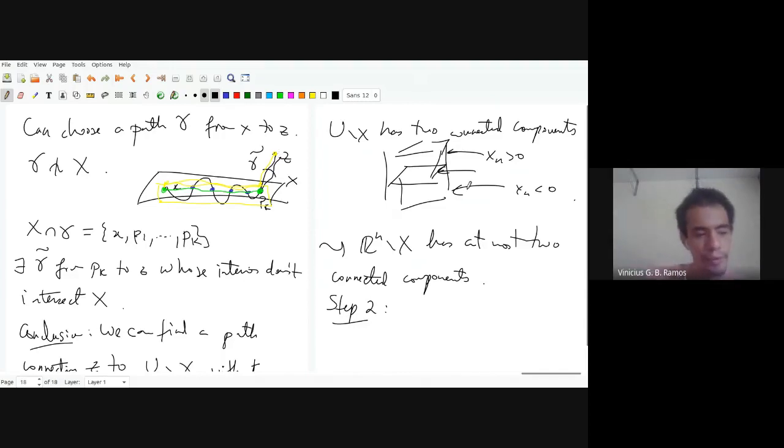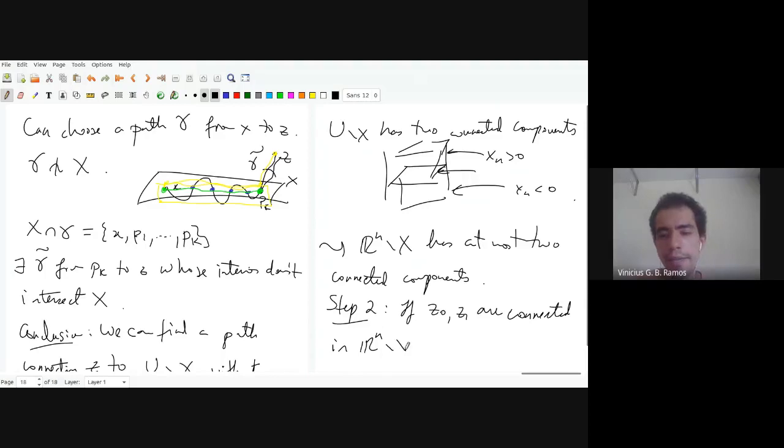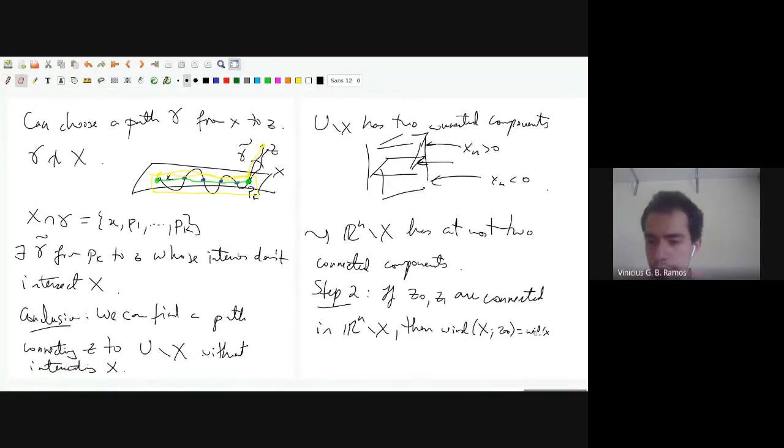All right, so step 2 is that if Z0 and Z1 are connected in Rn minus X, then the winding number of X with respect to Z0 is equal to the winding number of X with respect to Z1.